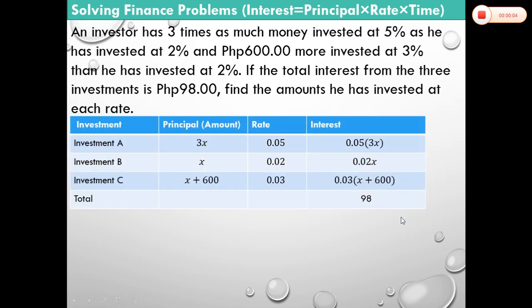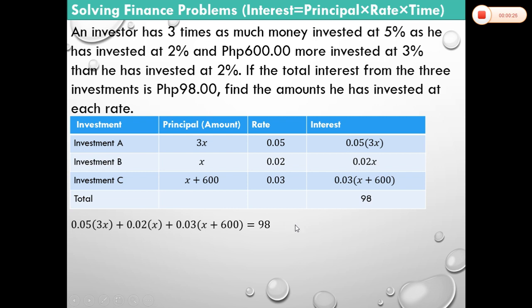Since the interest earned from the 3 investments A, B, and C has a total of 98, we obtain the equation 0.05 multiplied by 3x plus 0.02 multiplied by x plus 0.03 multiplied by (x plus 600) is equal to 98.